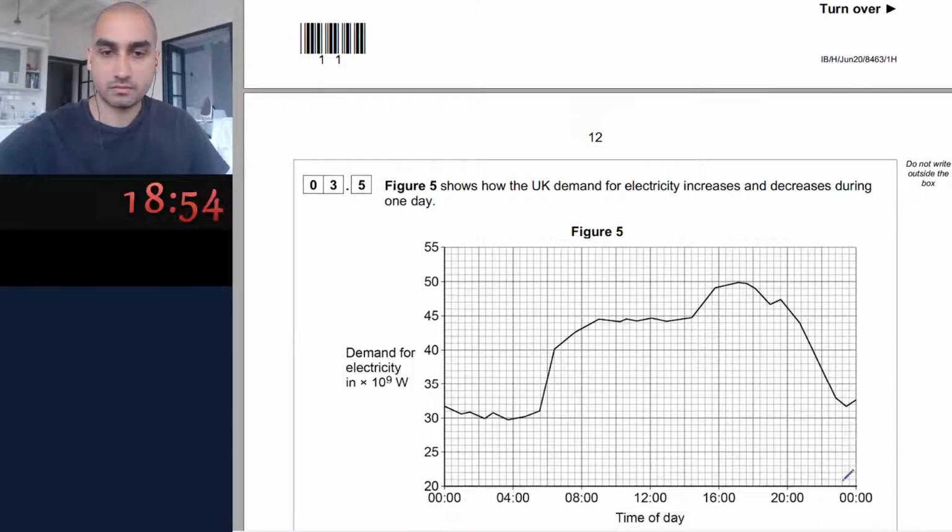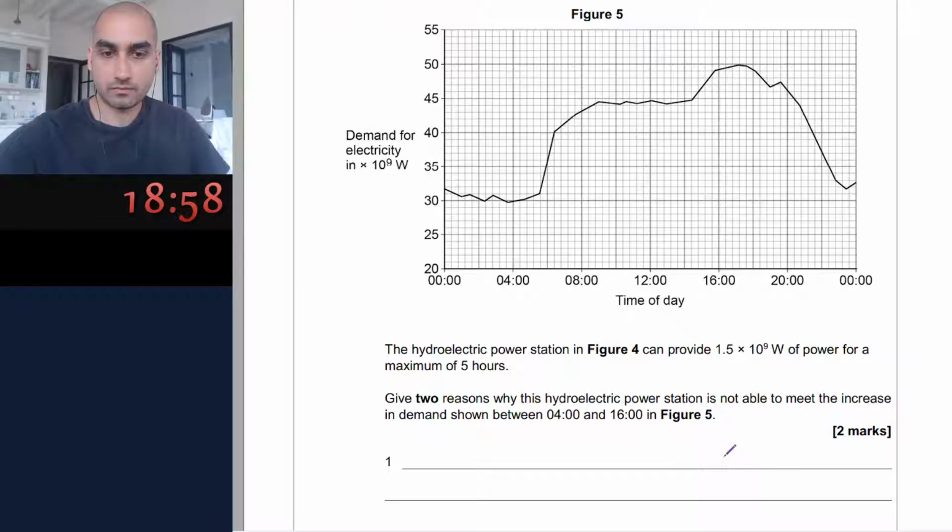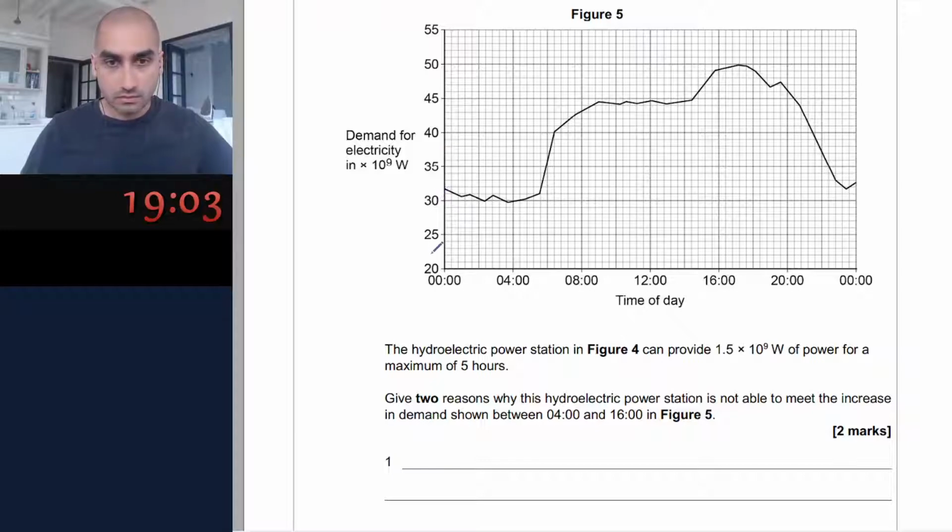Two points. 1.5 times 10 to the 9. Hang on. 1.5 times 10 to the 9. 1.5 is right at the bottom of the chart here.